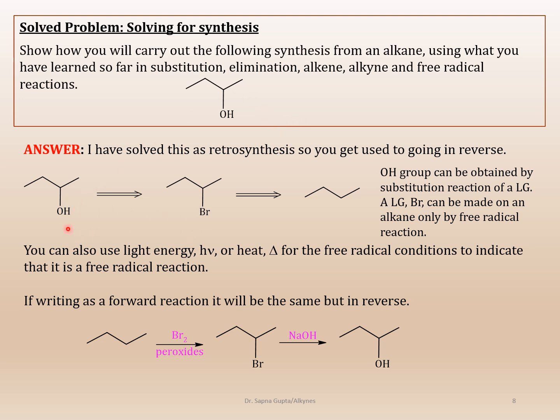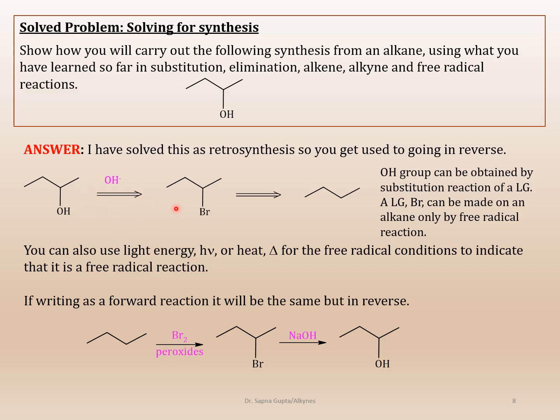So we know that we can get an alcohol from an alkyl halide, and we know that we can get this alkyl halide from an alkane. Now you can put the reagents as you go or not. That's up to you. So here, I have added the reagents later on.